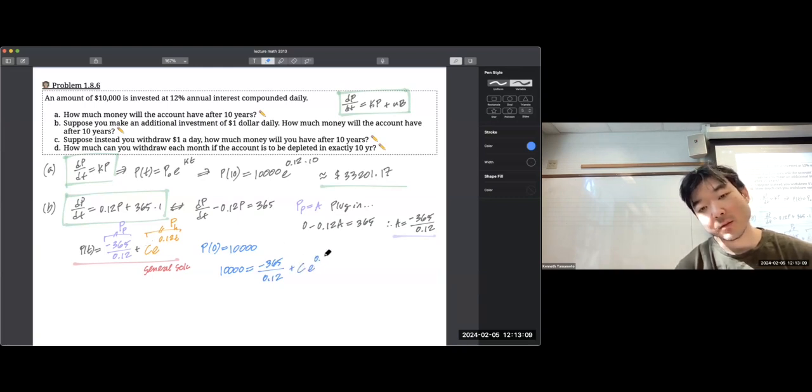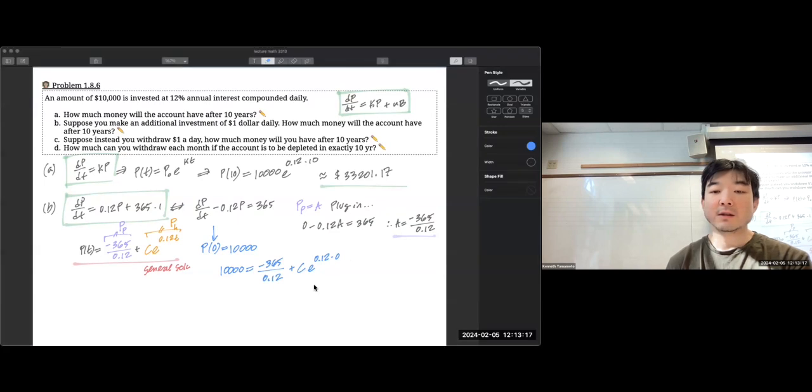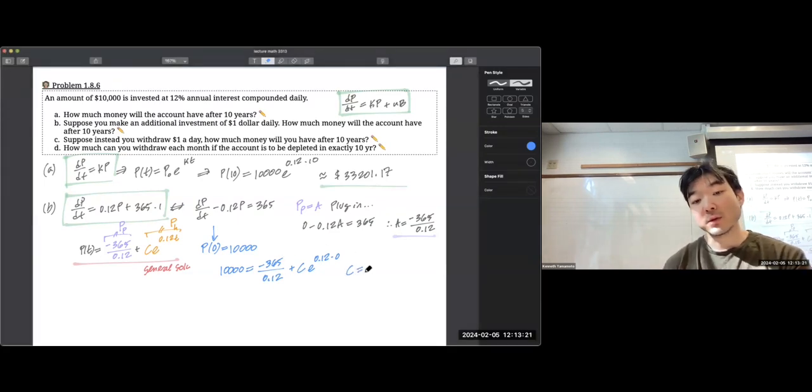You've got e to the 0.12 times t, and the initial condition says that t is equal to 0, so that's 0. And e raised to 0 is just 1. So you're going to have a C that's equal to this $10,000 plus this term right here, which is the 365 over 0.12. So that's your C that goes into here.